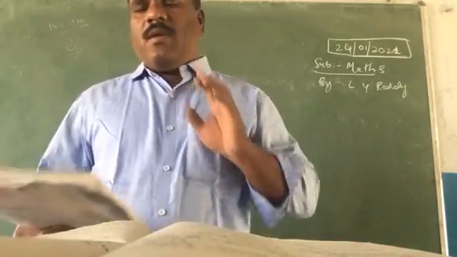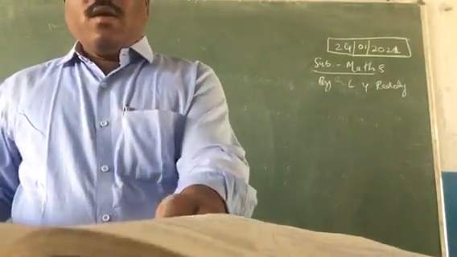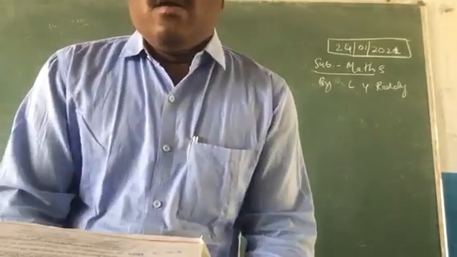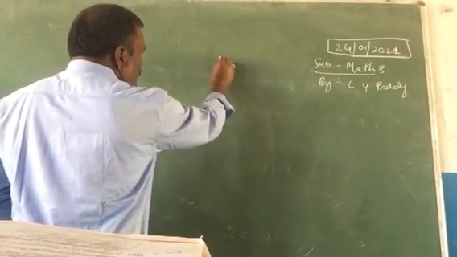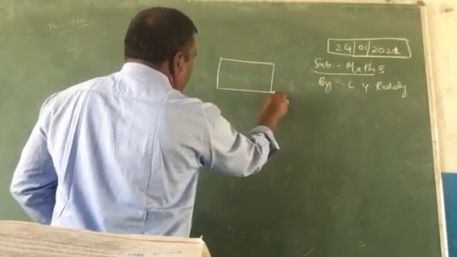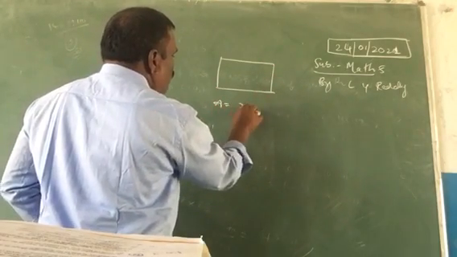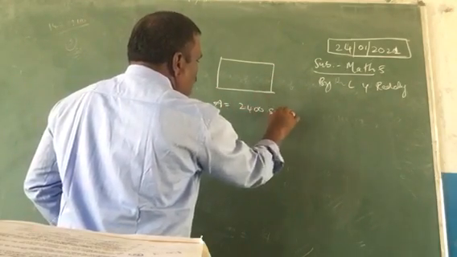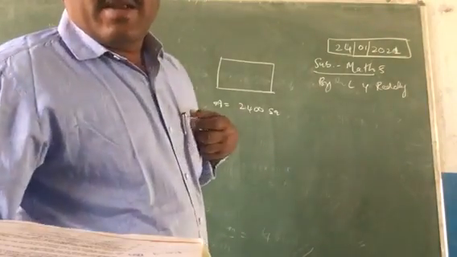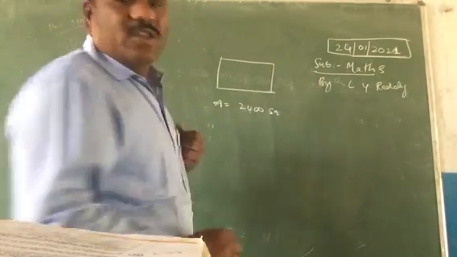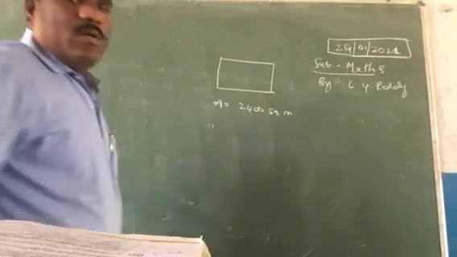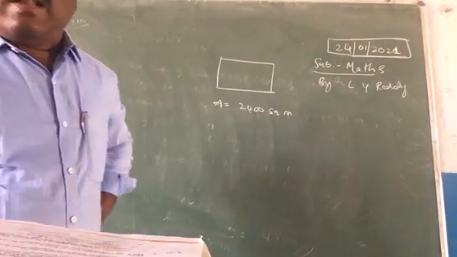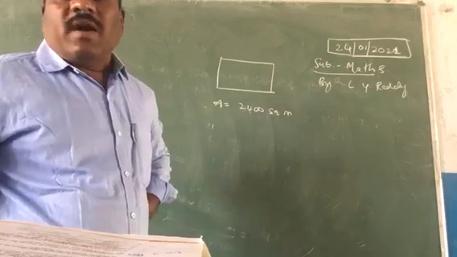First of all, you know very well the area of a rectangular plot. So just roughly I am drawing the rectangular plot here. Therefore A equal to 2400 square meters. Now its length is 1.5 times its breadth.